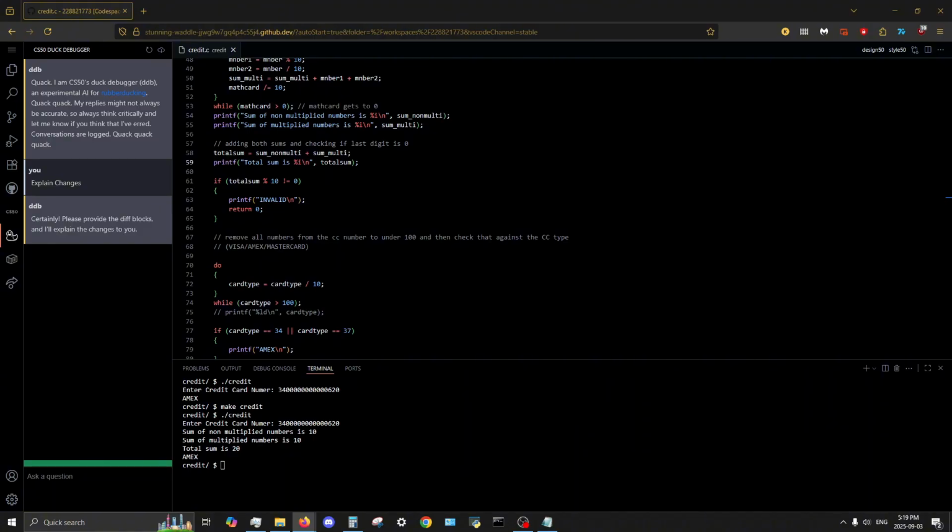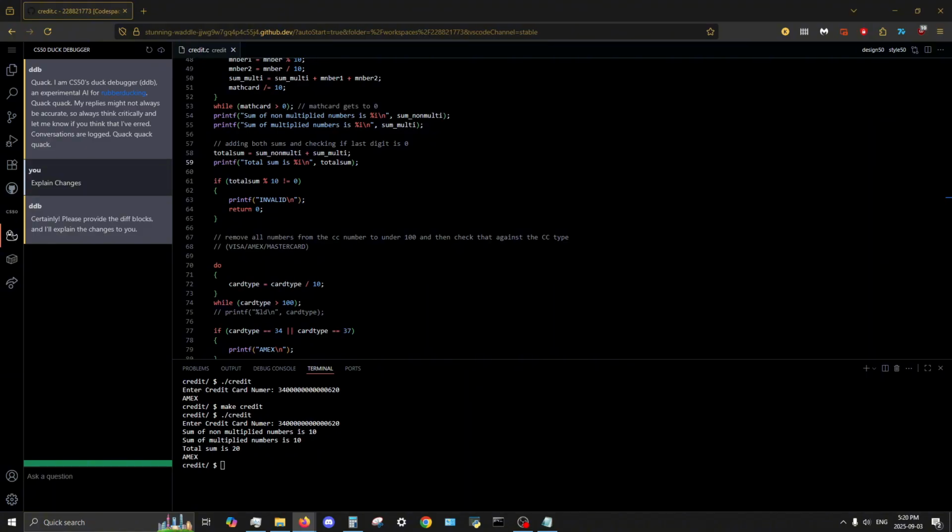Why is this supposed to be invalid? Expected invalid actual Amex identifies this as invalid. Amex identifying digits, Visa, MasterCard length.